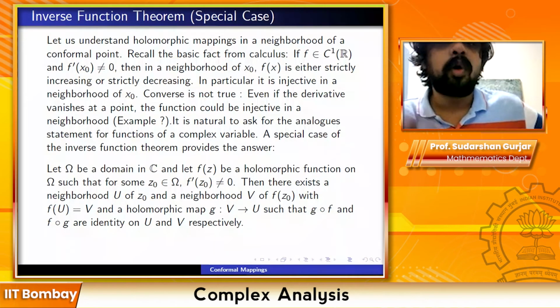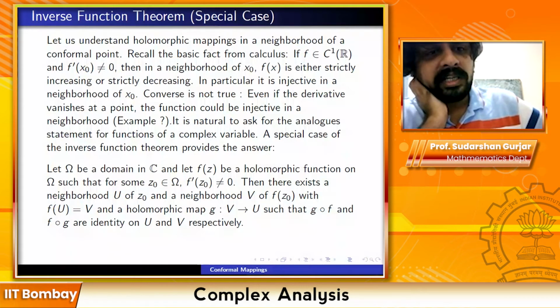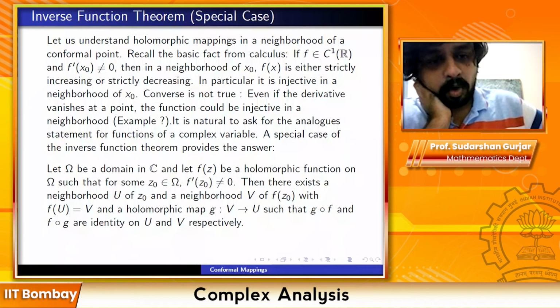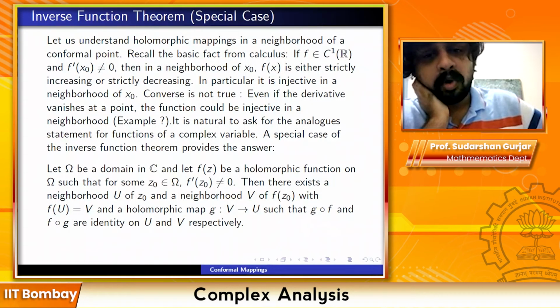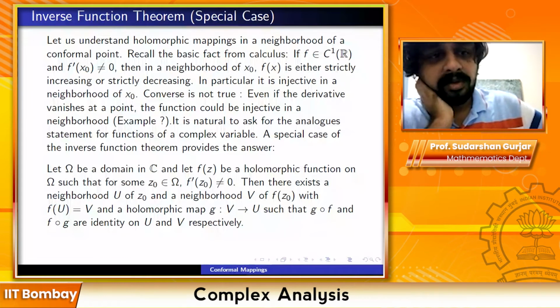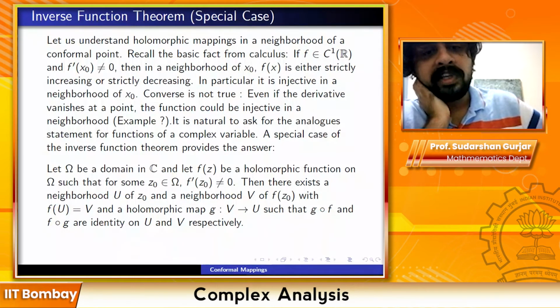Let f of z be a holomorphic function on omega such that at some point z0, the derivative is non-zero. Then there exists a neighborhood u of z0 and a neighborhood v of f of z0 with f of u equal to v, and a holomorphic function g from v to u such that g composed f and f composed g are identity on u and v respectively.